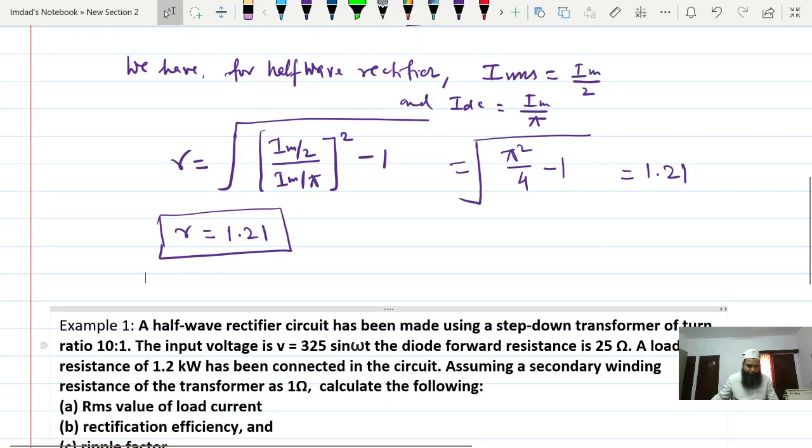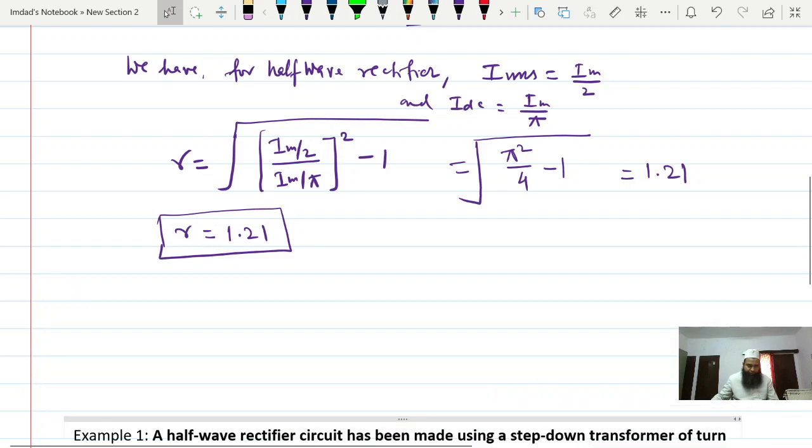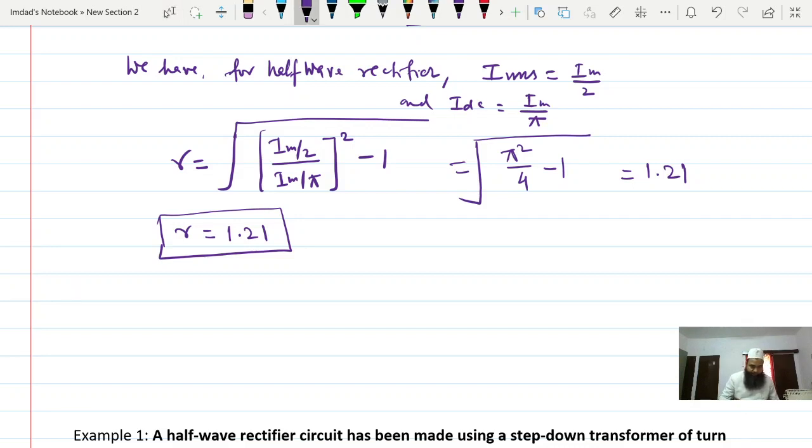Now DC output voltage can be calculated as V DC equal to I DC into RL.